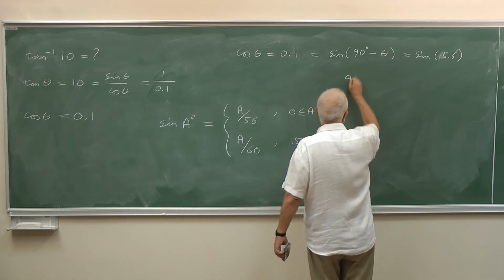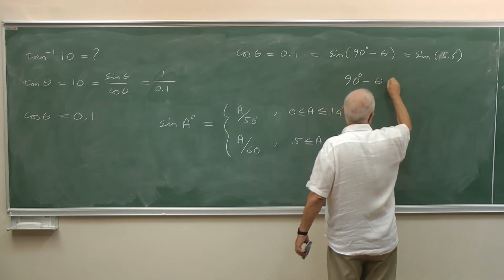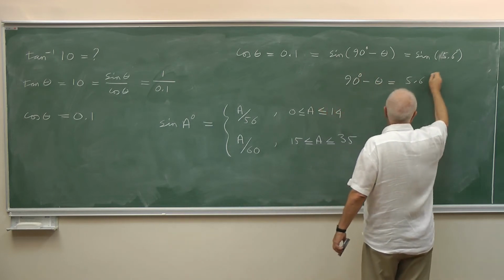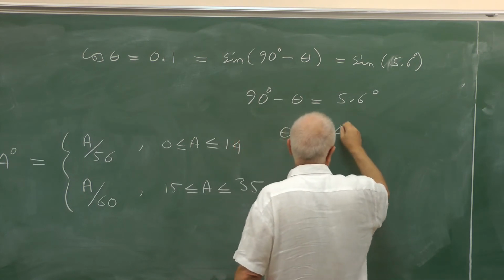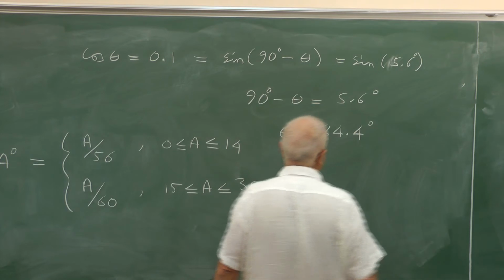So 90 degrees minus theta equals 5.6 degrees, or theta equals 84.4 degrees.